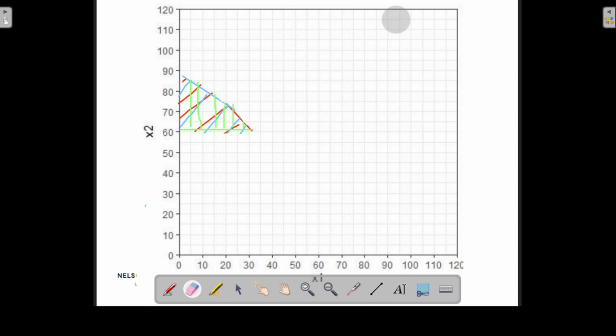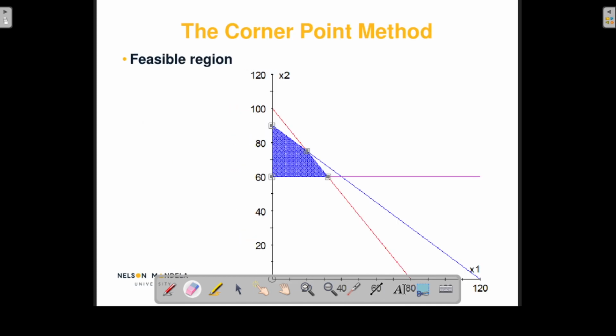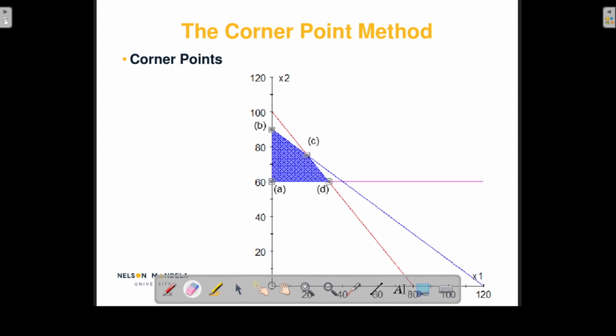Okay, and there you have your feasible region. You also have a neater version of that in your notes. So you will see for this feasible region we have 4 corner points. We will call them A, B, C, and D. You can call them whatever you want to, in whatever order you would like to call them.